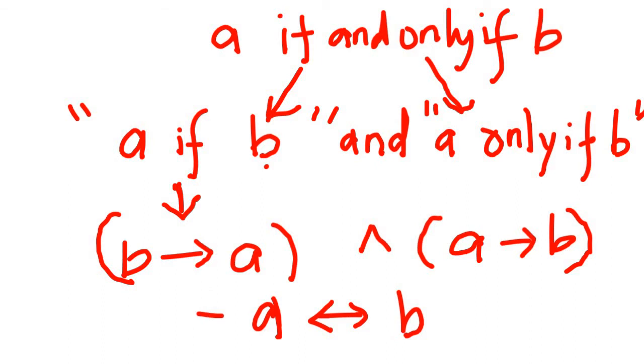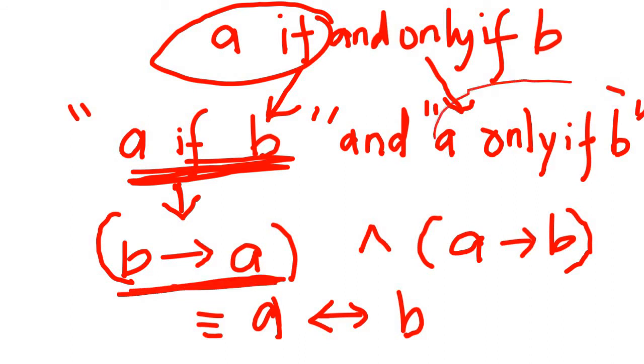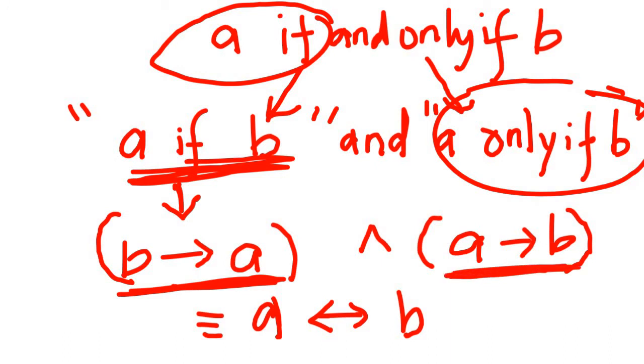This is a way of understanding a biconditional with if and only if. So you have a if b giving you the implication, and a only if b giving you the converse of the first one.